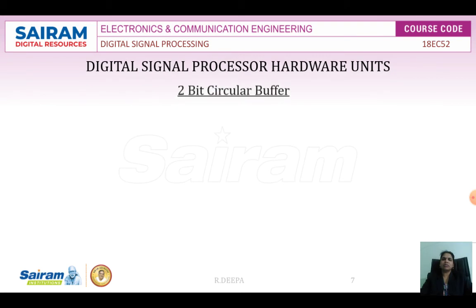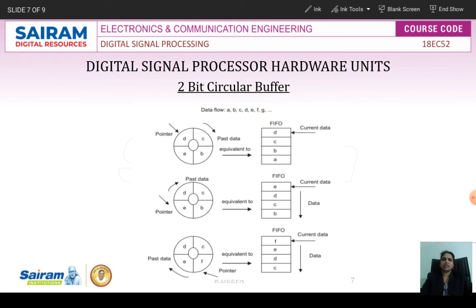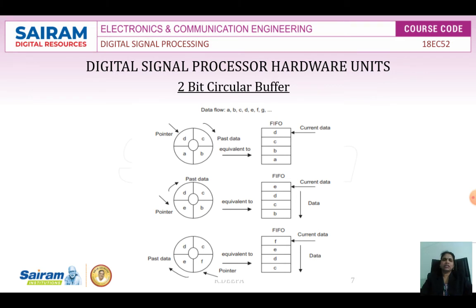This can be better understood with an example of a 2-bit circular buffer. We have a 2-bit circular buffer here, and the data flow is in this way: we send the data to the circular buffer in the form of A, B, C, D and so on. Initially the buffer will consist of A, B, C and D. The last data you have input will be pointed to by the circular buffer pointer.